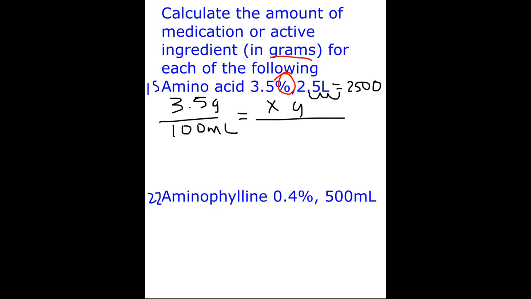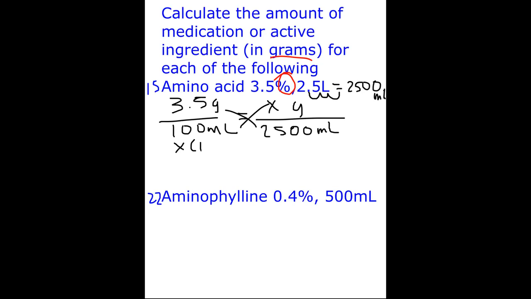So that'll give us 2,500 milliliters. Okay, so that would be X grams over 2,500 milliliters.